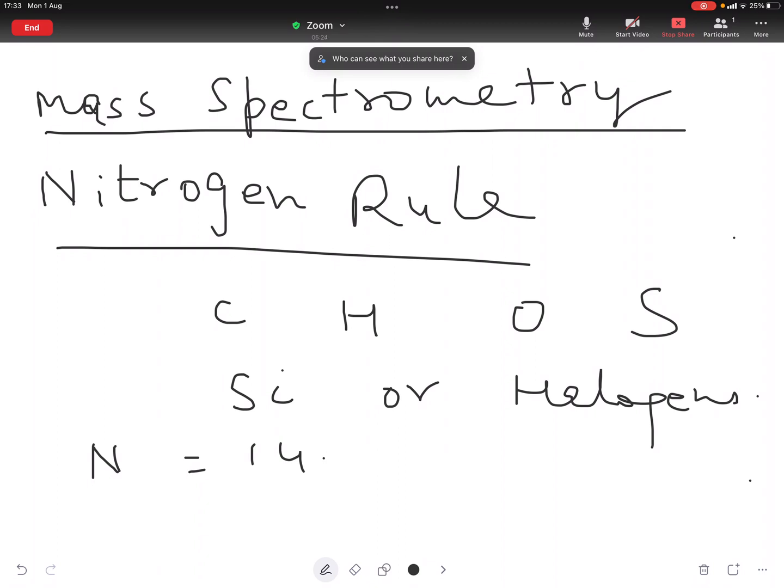The inclusion of many common stable isotopes, except 18 oxygen, alters the use of the nitrogen rule.